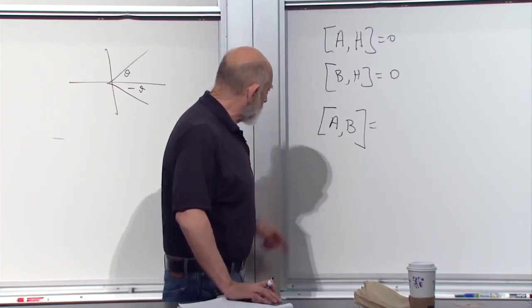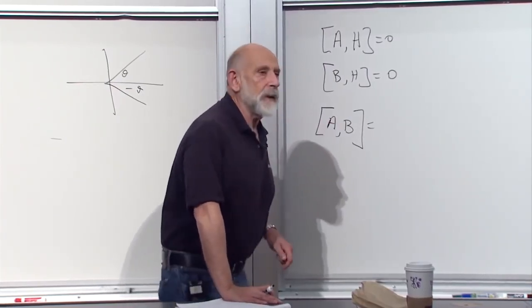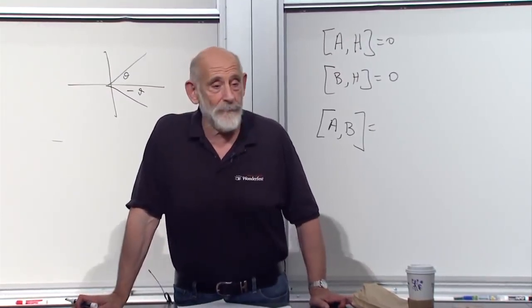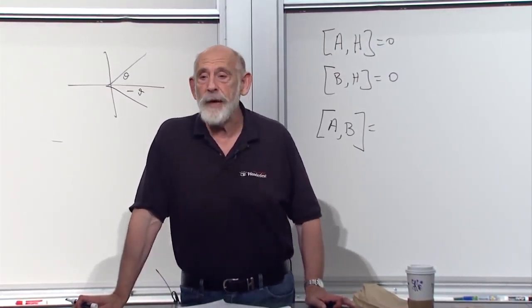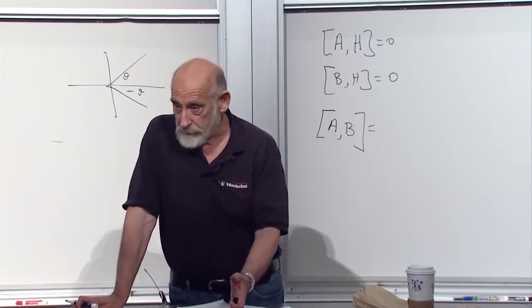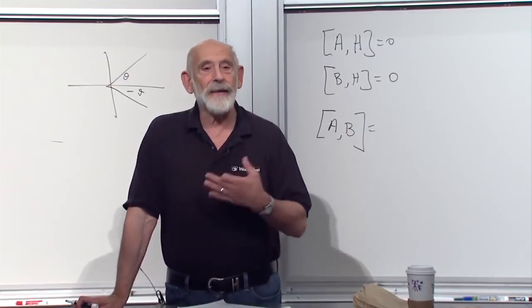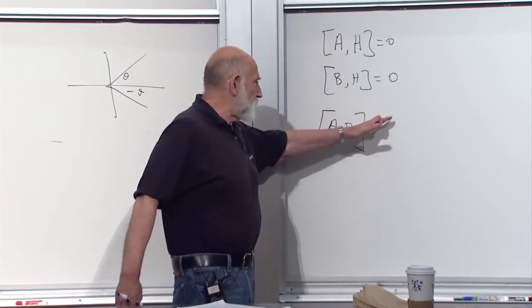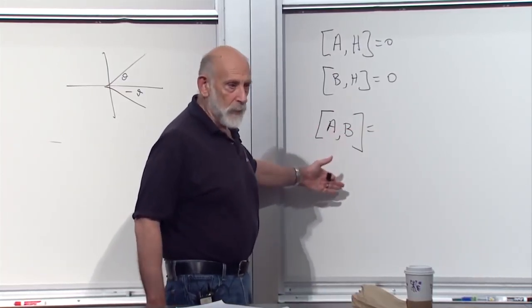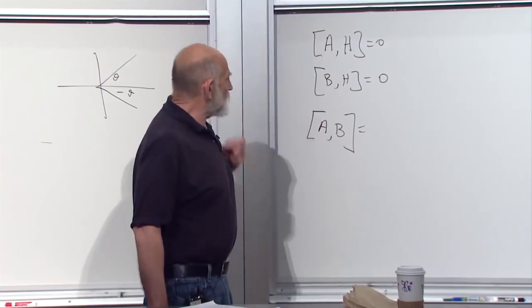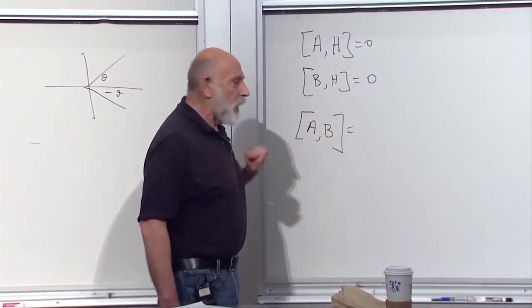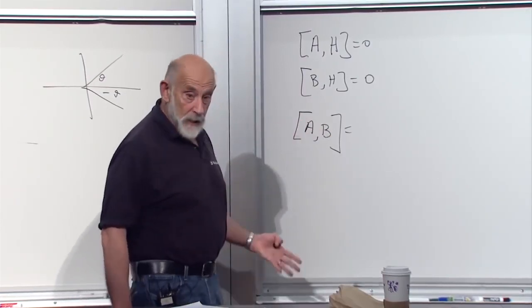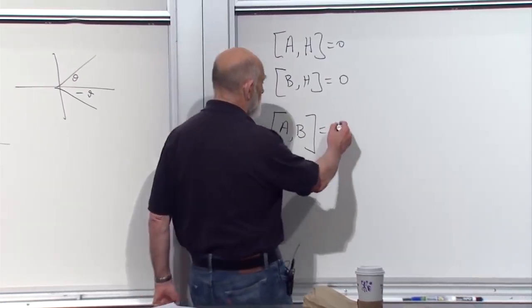In one possibility, the commutator of A and B may be A itself, it may be B itself, or it may be some linear combination of A and B. That does not lead to a new symmetry. It doesn't lead to a new operator. It just leads to a linear combination of the old ones. But let's suppose that it leads to a genuinely new operator that cannot be written as a linear combination of A and B. Let's call it C.